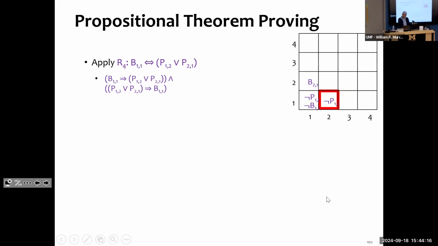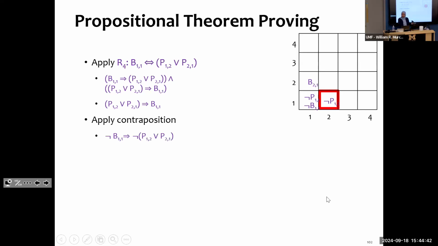Is that clear? Yeah. So from that, what can I do at this level? Still, I can reduce it more. What are we doing at this point? We are considering P12 or P21, which implies B11. After that, we are going to apply the contraposition.